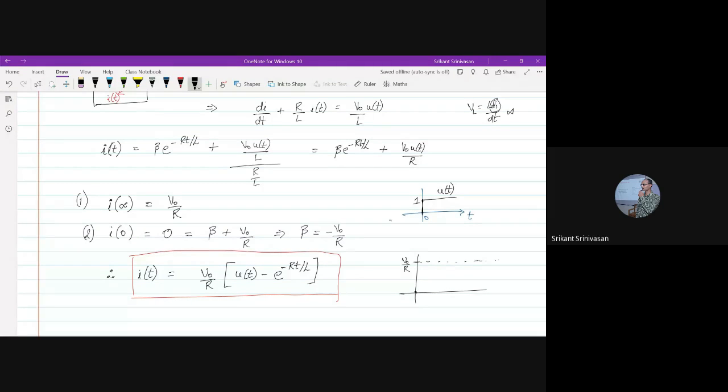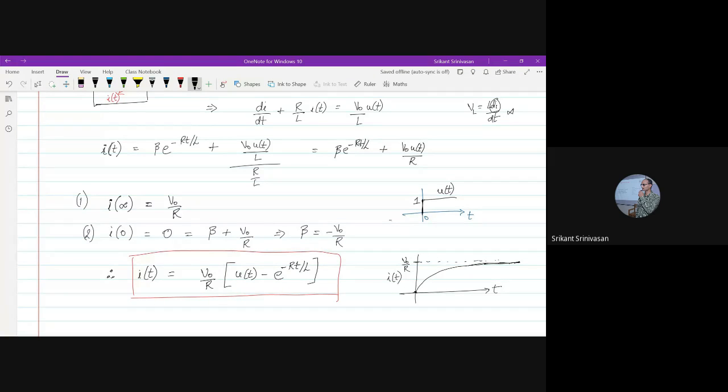Initially it is 0, and then it increases exponentially. It's 1 minus an exponential function. So I think it probably goes something like this, and then finally asymptotically hits the V naught by R value. This is time, and this is I of t.